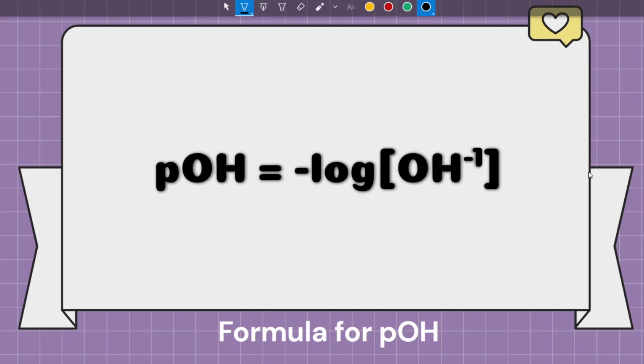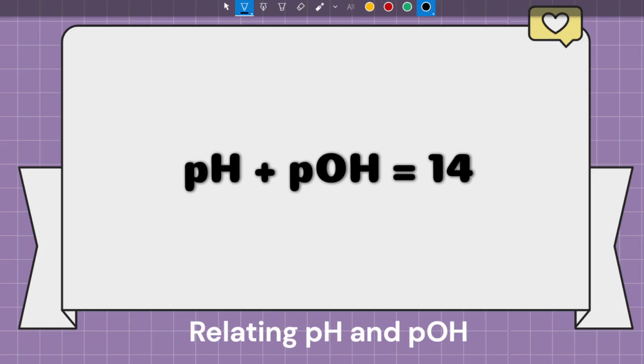Use this equation and round to 1 decimal place. For our example, pOH is equal to the negative log of the concentration of hydroxide ions. If we want to relate pH and pOH, we do so by adding them up to 14.